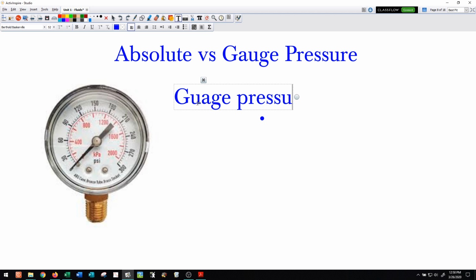So gauge pressure, the way I would describe what a gauge pressure is, I would say that's just the actual total pressure minus the pressure of the atmosphere.